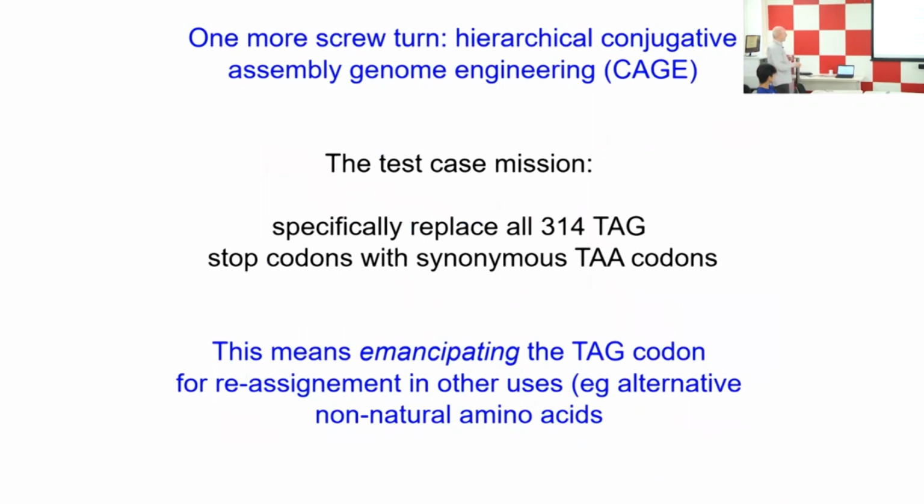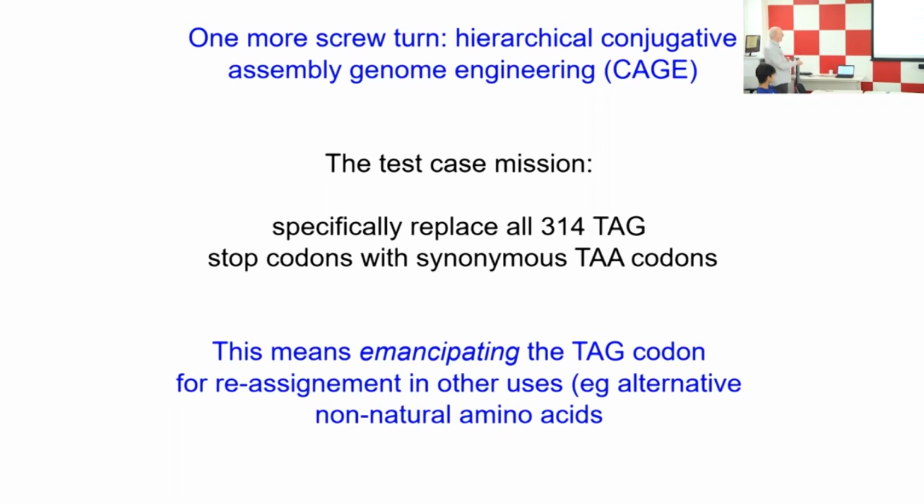Okay, so in this case, the idea was to replace all the stop codons TAG by the synonymous codons TAA, with the idea of emancipating these stop codons, so that they stop being a stop codon and we can use that codon for other purposes.